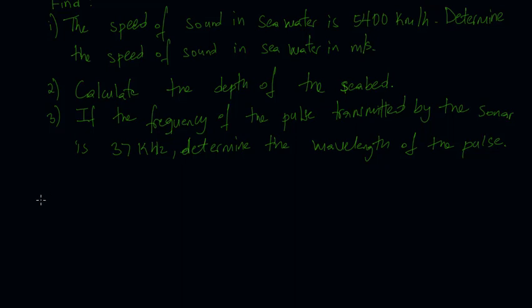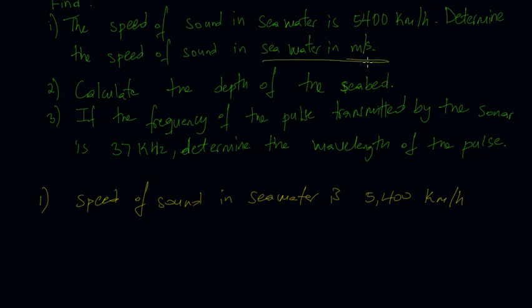So taking question 1, we're told that the speed of sound in seawater is 5,400 kilometers per hour, and we want to find the speed in seawater in meters per second.